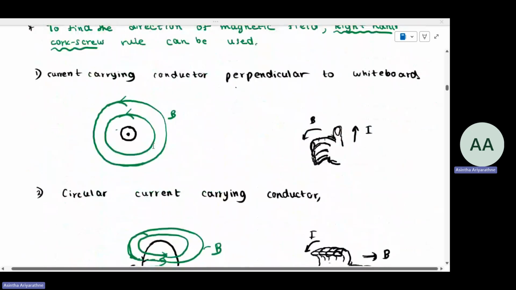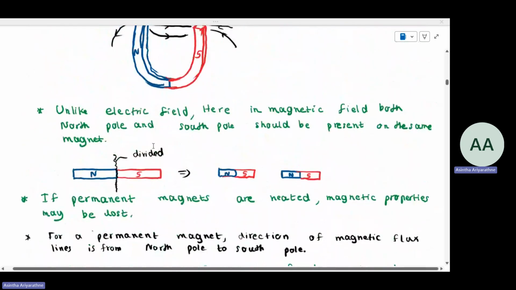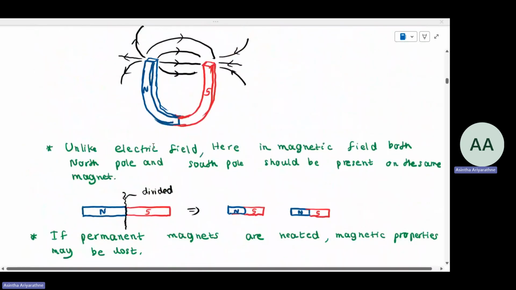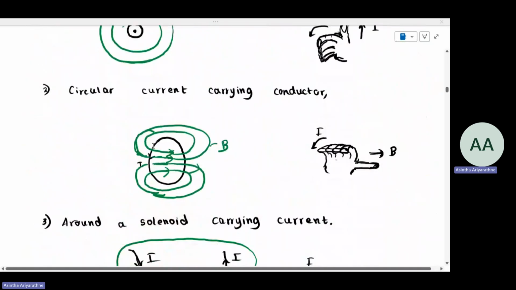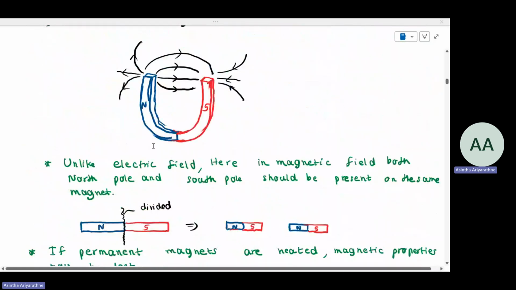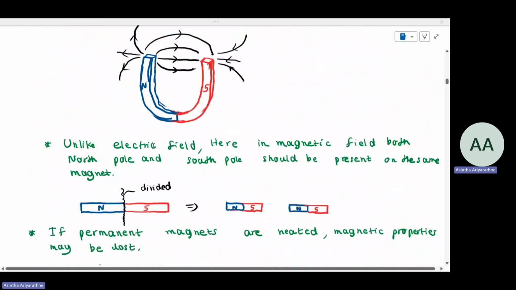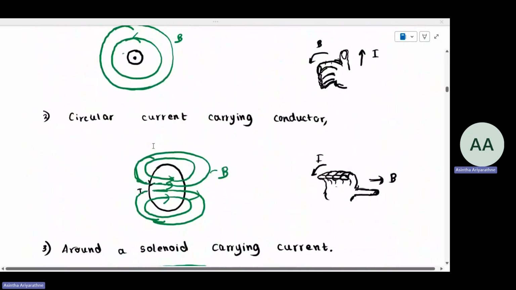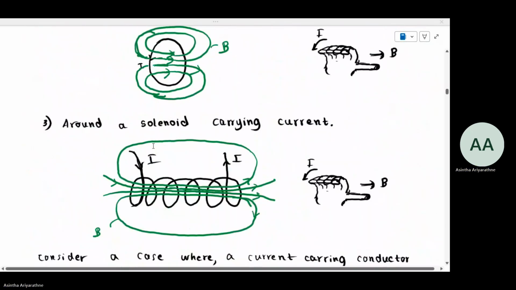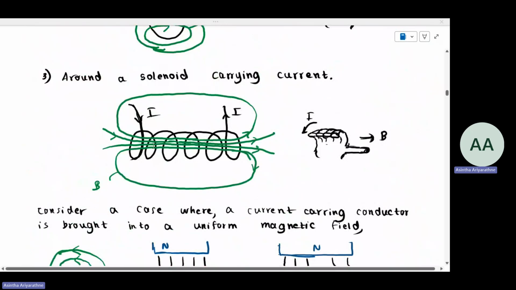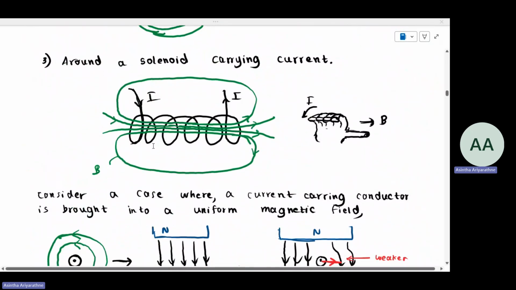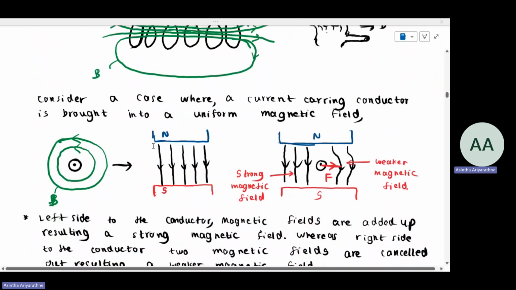Then the variation of the distribution of the magnetic field around some standard magnets like bar magnets, and also around current carrying conductors. With the right hand screw rule, the direction of the magnetic field can be found.